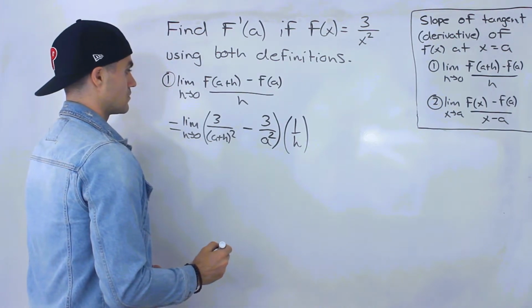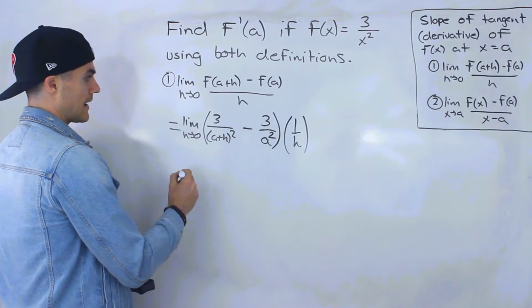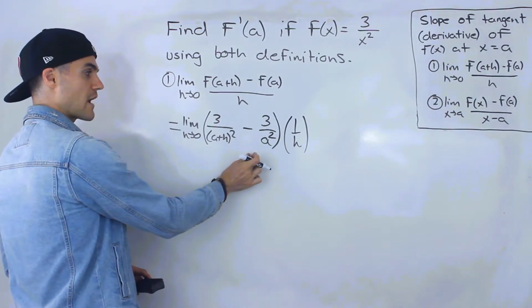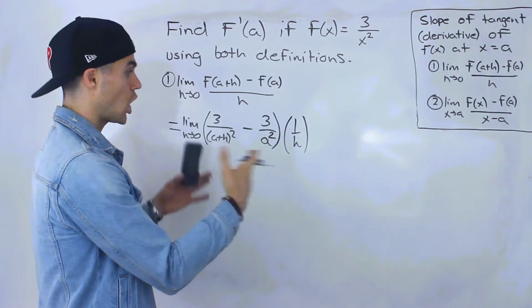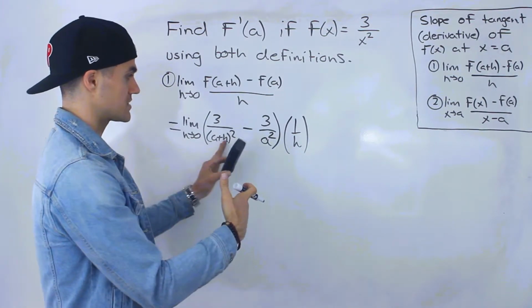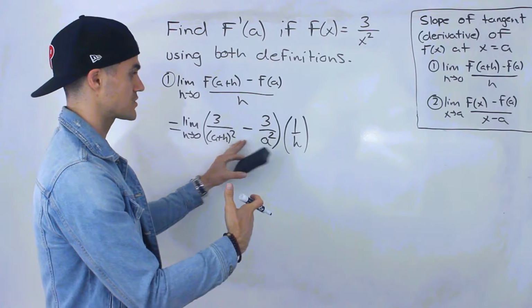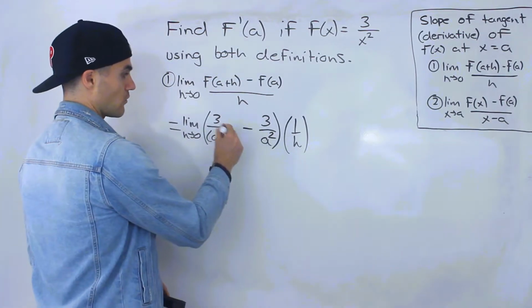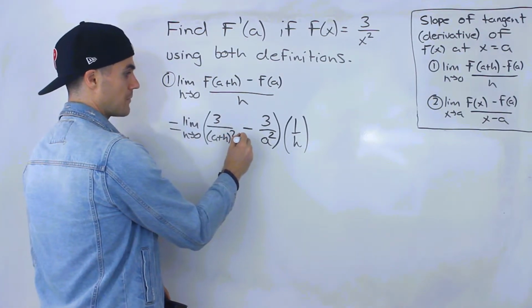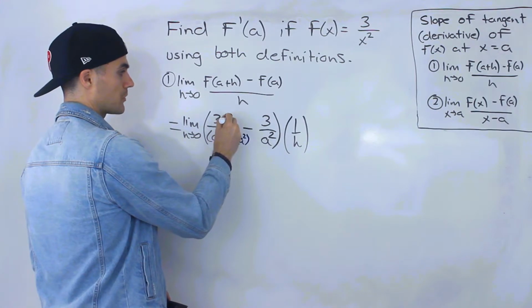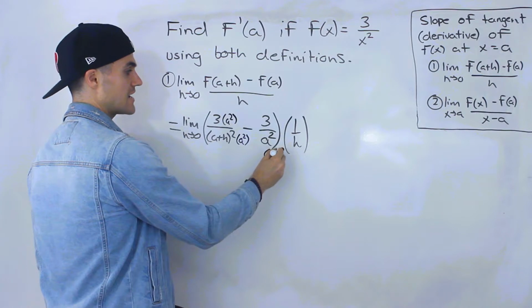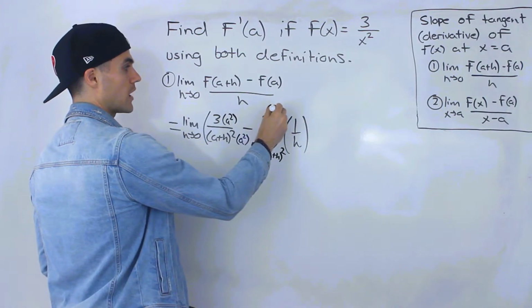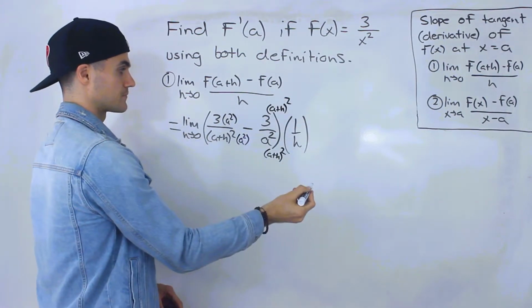Okay, so what's going to happen now is to combine these fractions, we have to get a common denominator, right? Notice these denominators are different, a plus h squared and then a squared. So this denominator here, we have to multiply by a squared, meaning the top we have to multiply by a squared. Then this denominator here, we have to multiply by a plus h squared, meaning the top we have to multiply by a plus h squared.